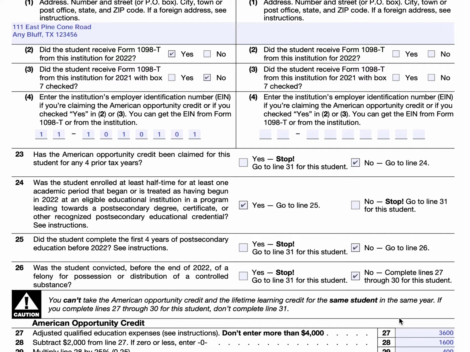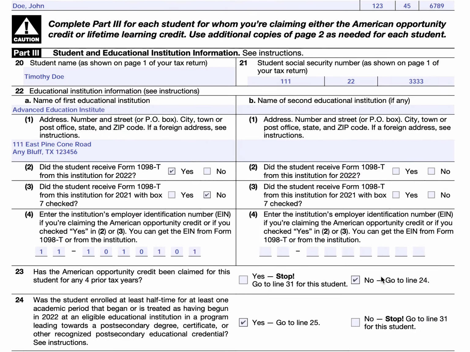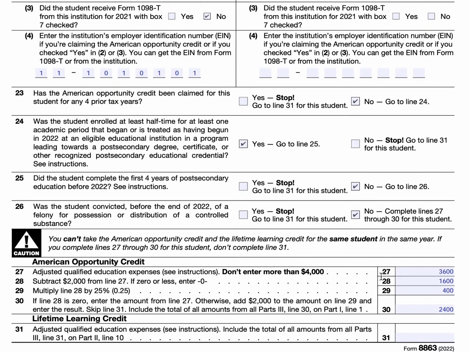There is a separate calculation worksheet for qualified expenses, but simply, for the lifetime learning credit, you would include any amounts from line 31 onto part 2. So part 2, let's just pretend that we're now trying to claim the lifetime learning credit. And whenever I come to a number from the previous calculation, I'll delete it.